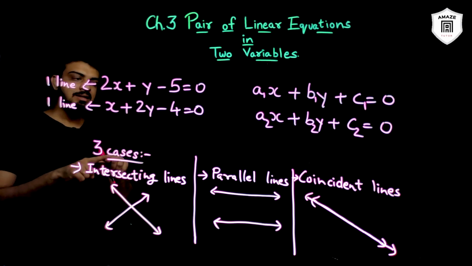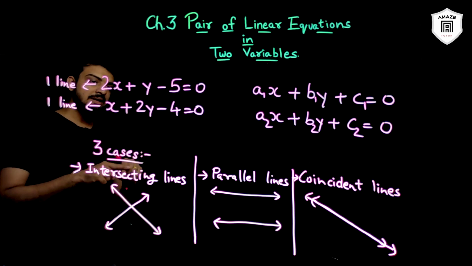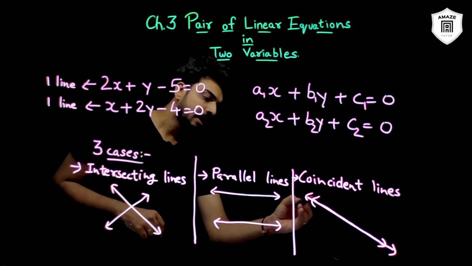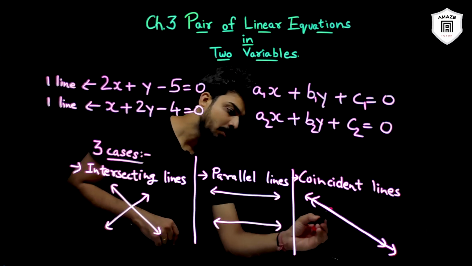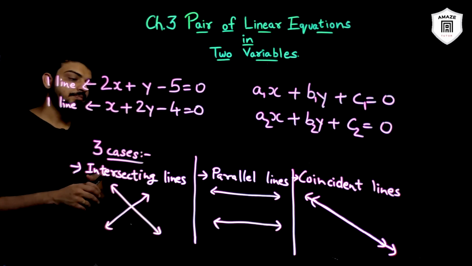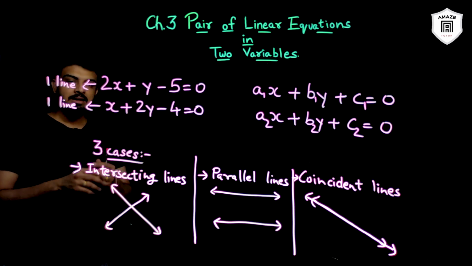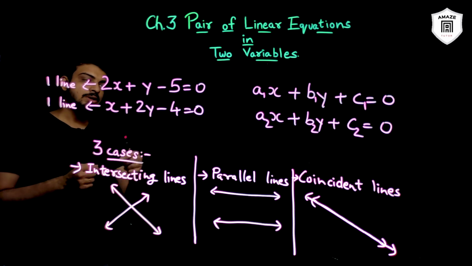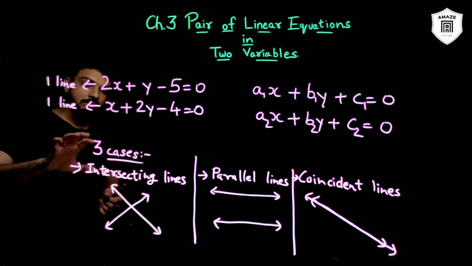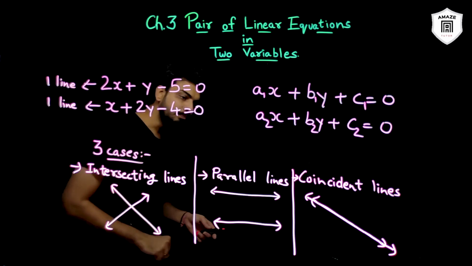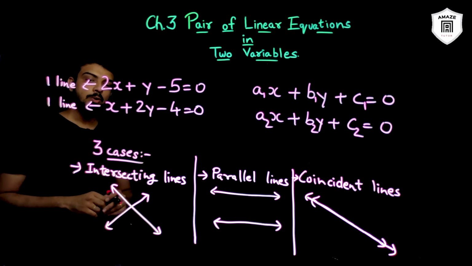Both the lines are representing the same points, okay, are formed by the same points. That means both are lying on each other. So these are known as coincident lines. So these three cases are possible for a pair of linear equations in two variables.